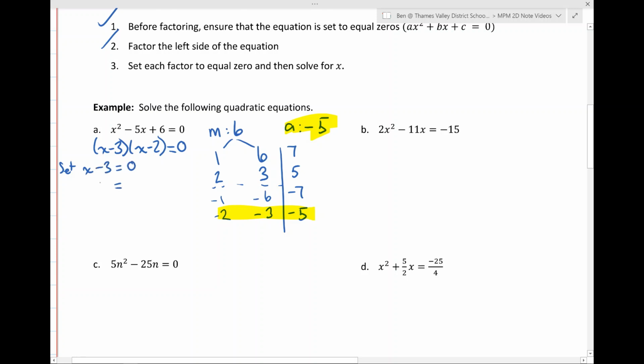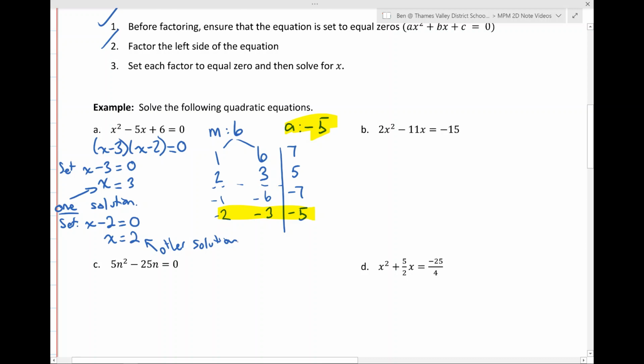We add 3 to both sides to find that x equals 3. So this is one solution. Next we'll set x minus 2 equal to 0. We add 2 to both sides, leaving us with x equals 2, and this is the other solution.